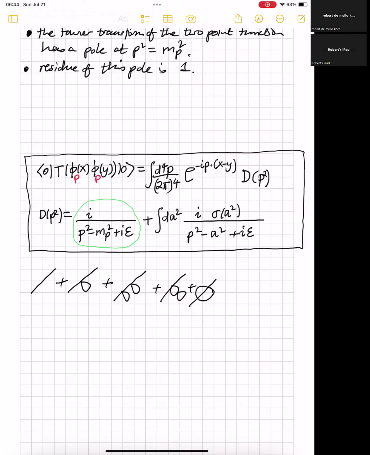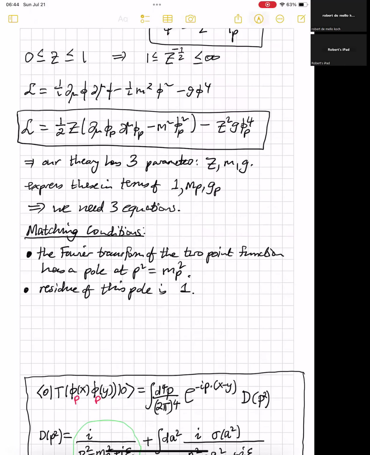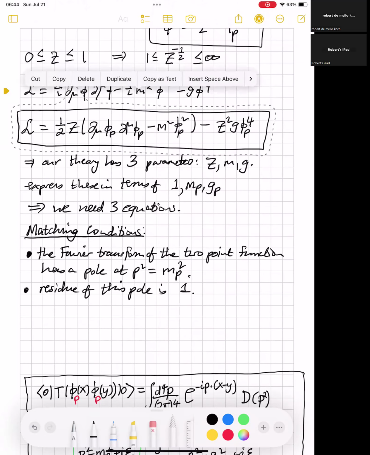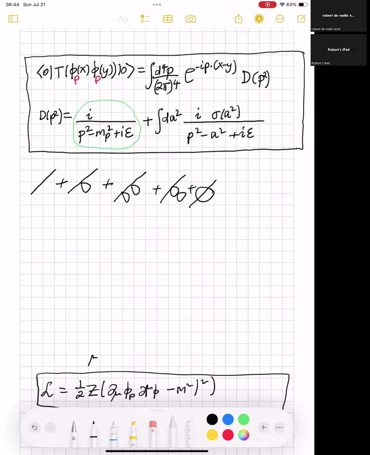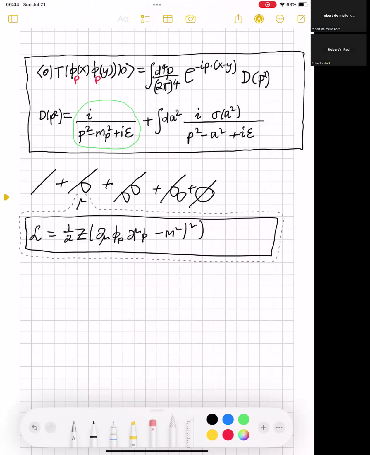So that'll give you two equations, and those two equations will be written in terms of g, z, and the physical mass. Now there is one other thing that we should clarify. We've changed our Lagrangian because we've written it in terms of the physical field. So what are the Feynman rules for this new Lagrangian? Okay, so let's just write those down, and it'll be useful to have the Lagrangian in front of us when we try to do this.